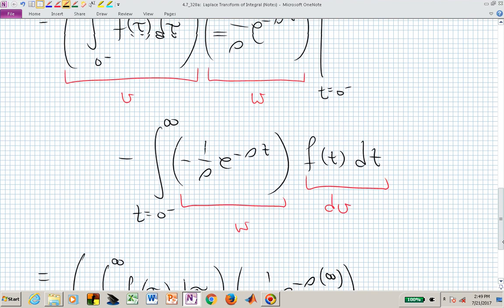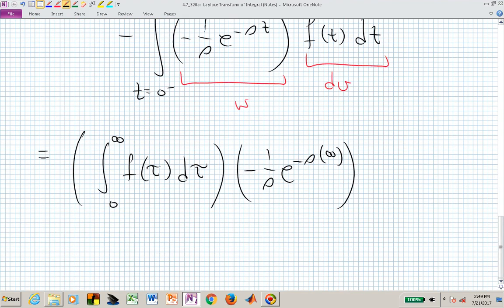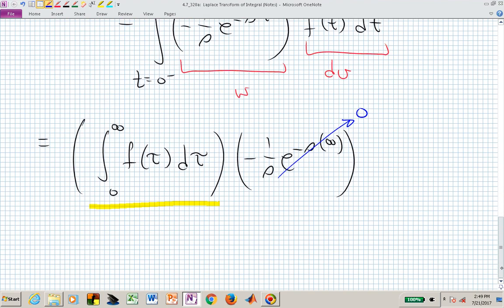That's the upper limit. And we're assuming that this function is well behaved, so this piece right here is bounded. We will then see that the second term, e to the minus infinity, is vanishing, going to 0. So the upper limit term is now 0.